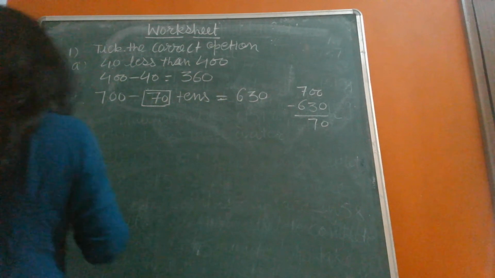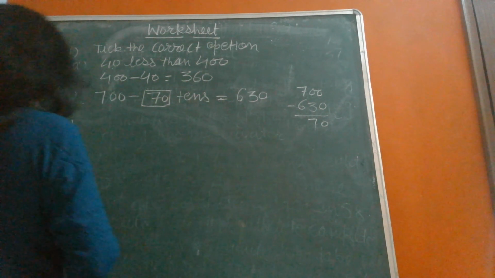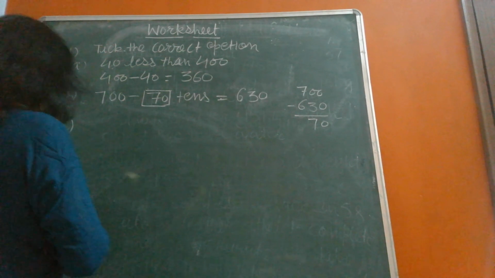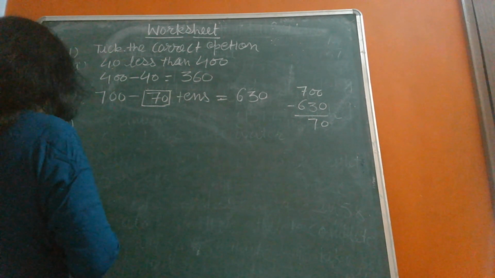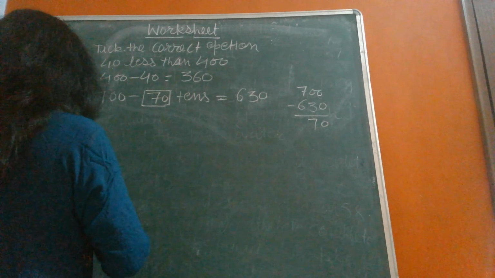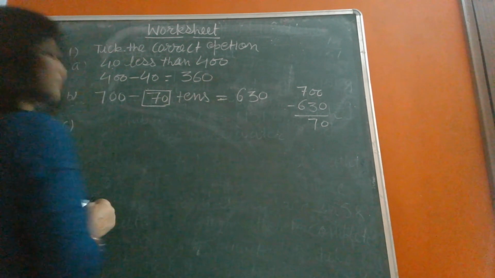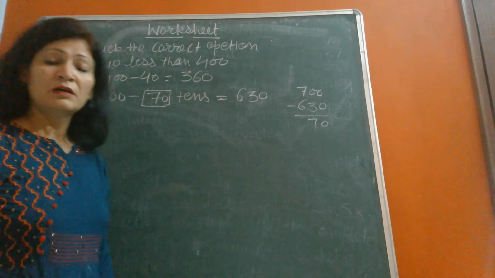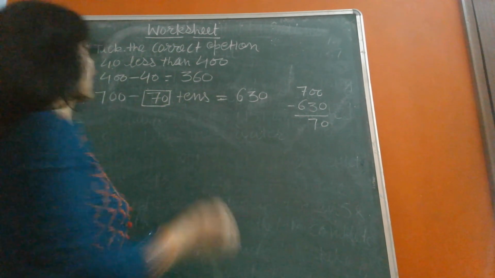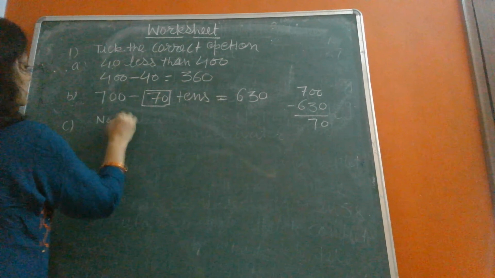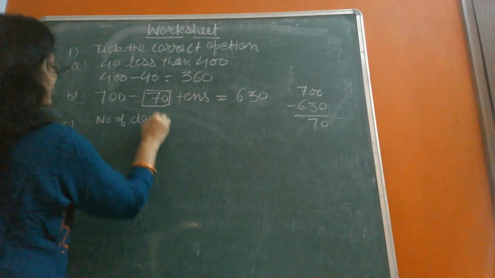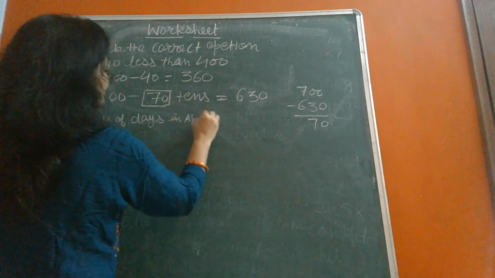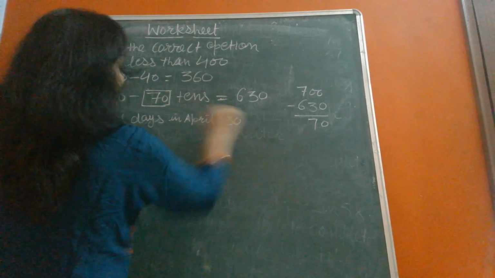Now part C. In the month of April, there were 23 working days. How many days were holidays? First, we will find the number of days in April, which is 30.